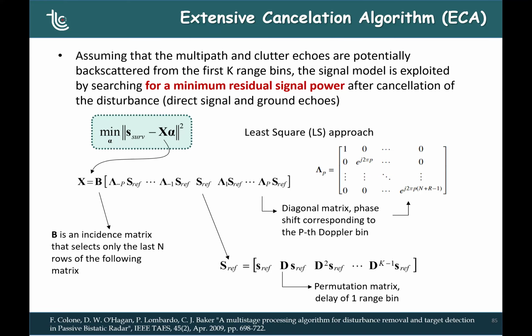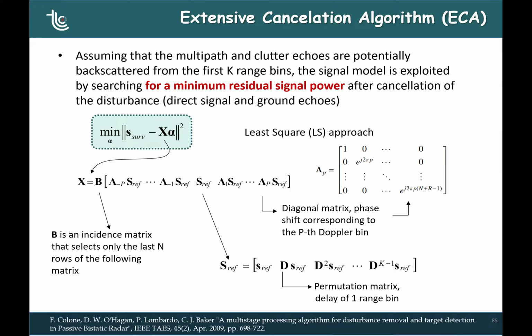This is just to take n samples, n rows. Now, how is the matrix S ref built? Practically, S ref is a matrix where we put, first of all, the reference signal S ref. Then we delay the S ref.